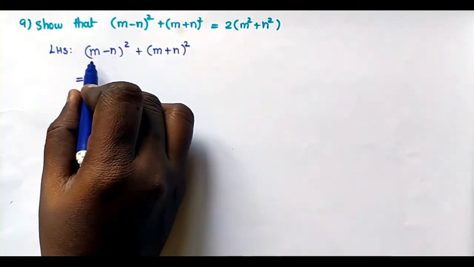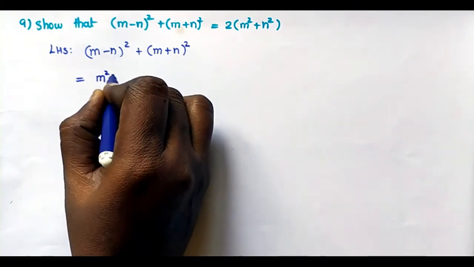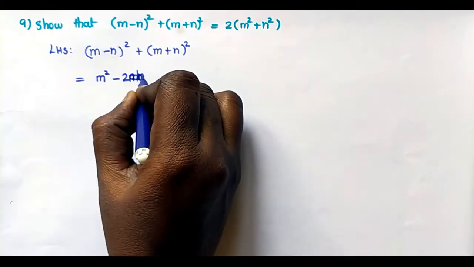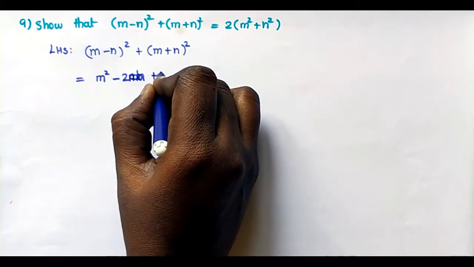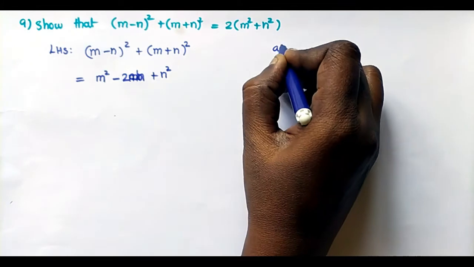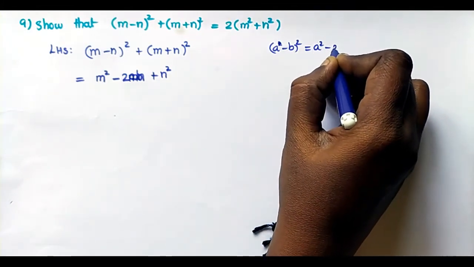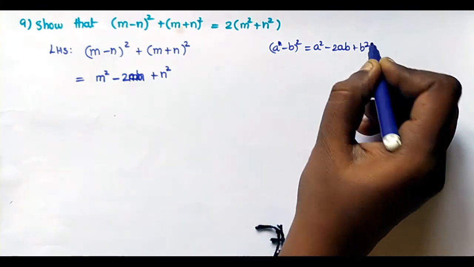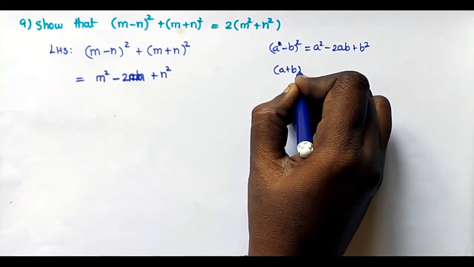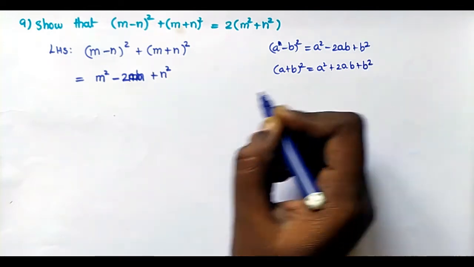How will you expand that? a minus b whole squared is equal to a squared minus 2ab plus b squared, and here m plus n, that is a plus b whole squared equal to a squared plus 2ab plus b squared.